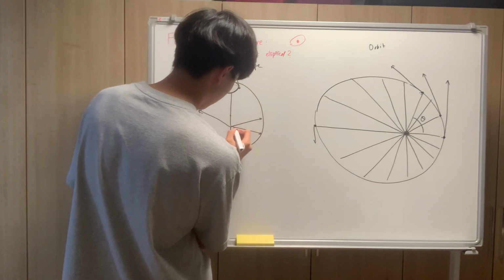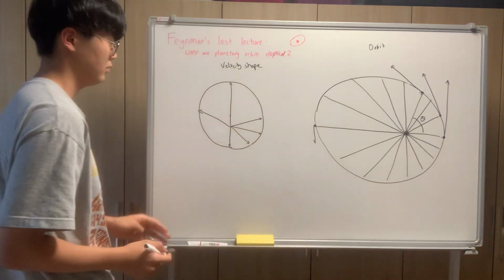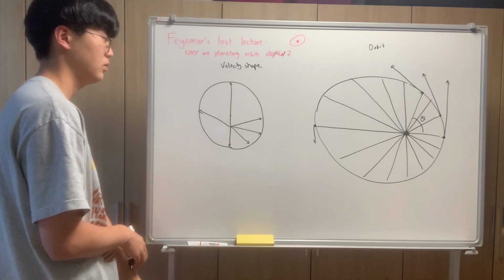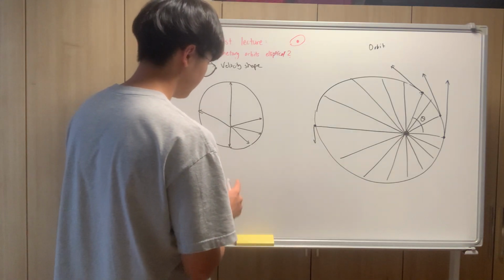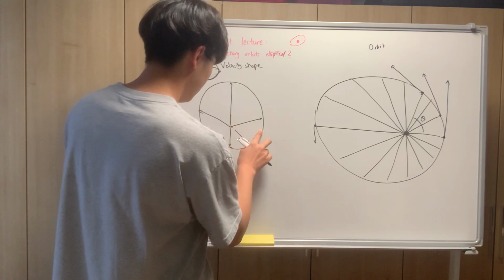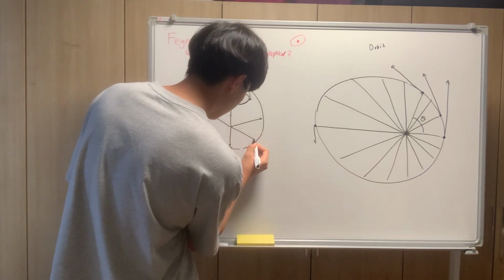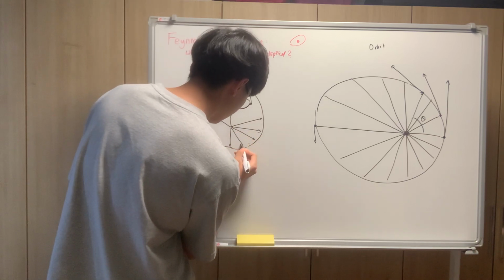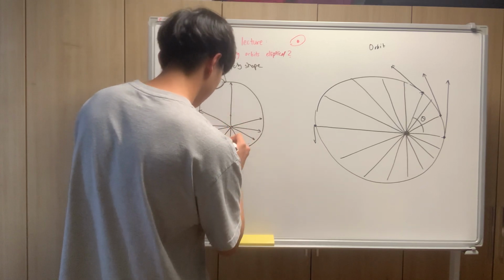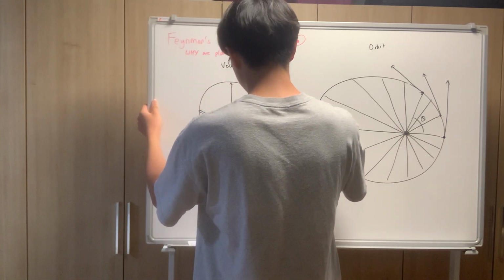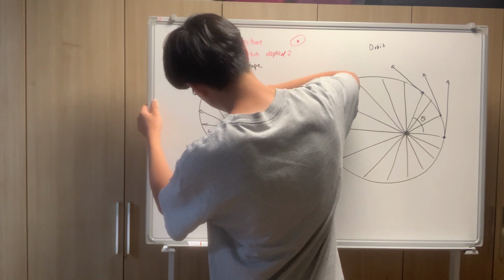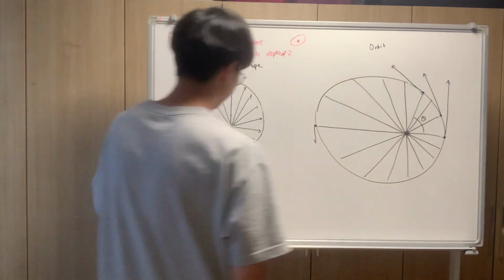So here and here, and here, here. So that would be our 16 vectors.